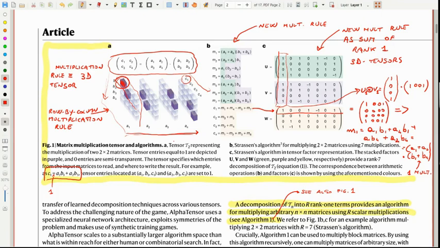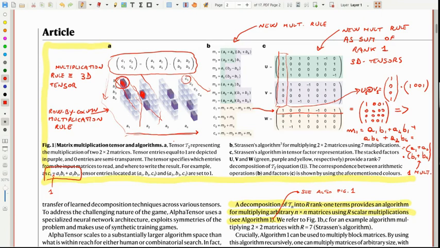This tensor is 4 by 4 by 4. This means that C1 has a single summand made by A1 times B1. And then corresponding to A2 B3, so A2 is here, B3 is here, I will put a 1 corresponding to C1, so this one.